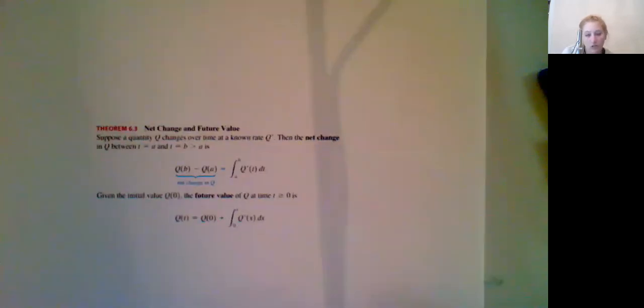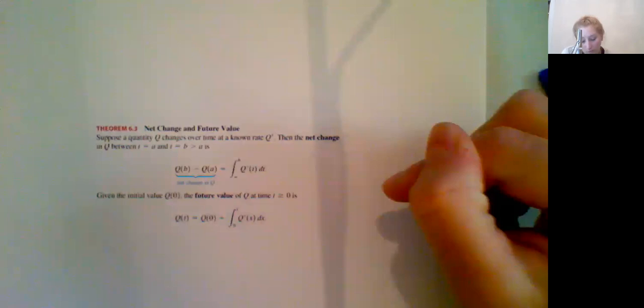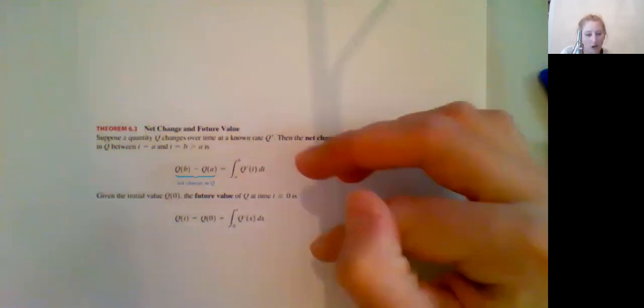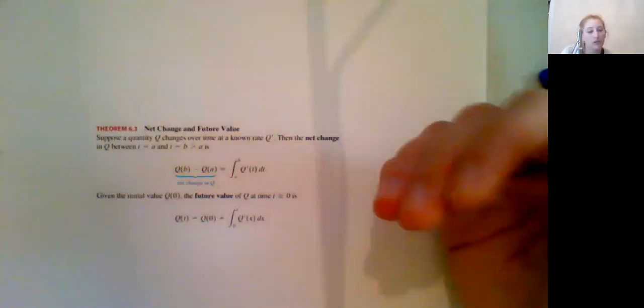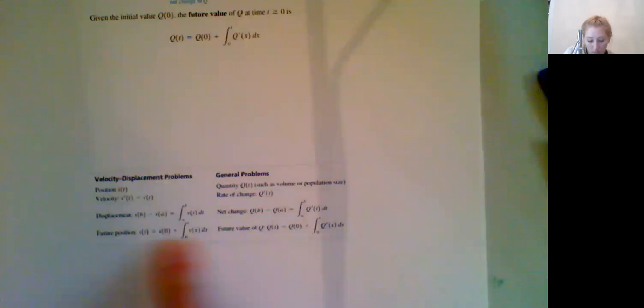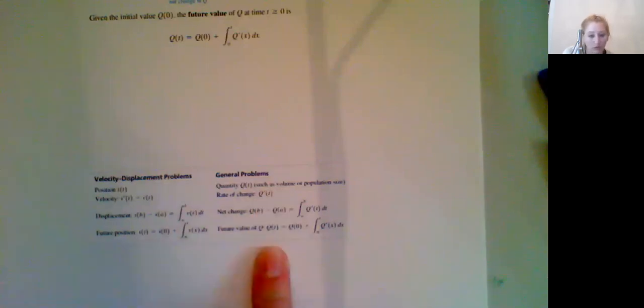All right, so what we're going to do now is take the concepts that we learned with acceleration, velocity, and position and relate that to things that are not simply acceleration, velocity, and position, because we can talk about other things, not just that stuff. It's the same sort of thing, but we're calling it different things now.